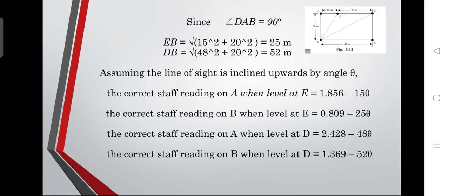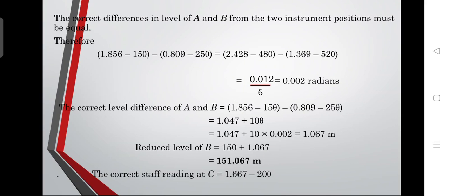The correct staff reading on B when leveled at E is, from table, 0.809 minus 25 theta. The staff reading on A when leveled at D is 2.428 minus 48 theta. The correct staff reading on B when leveled at D equals 1.369 minus 52 theta.